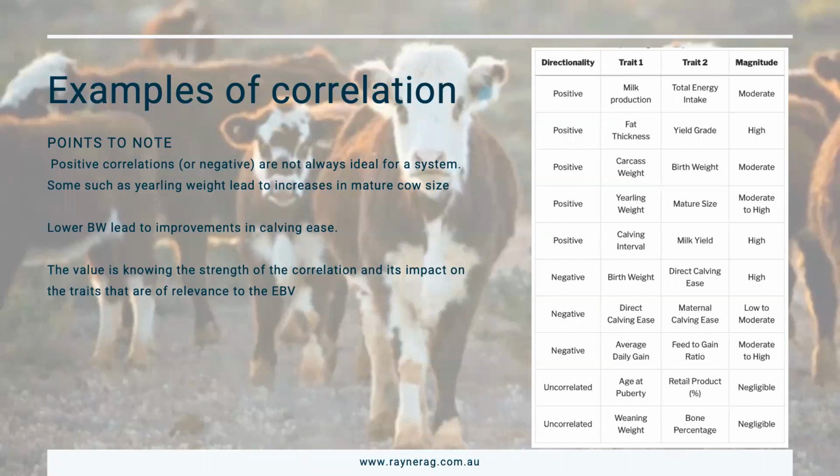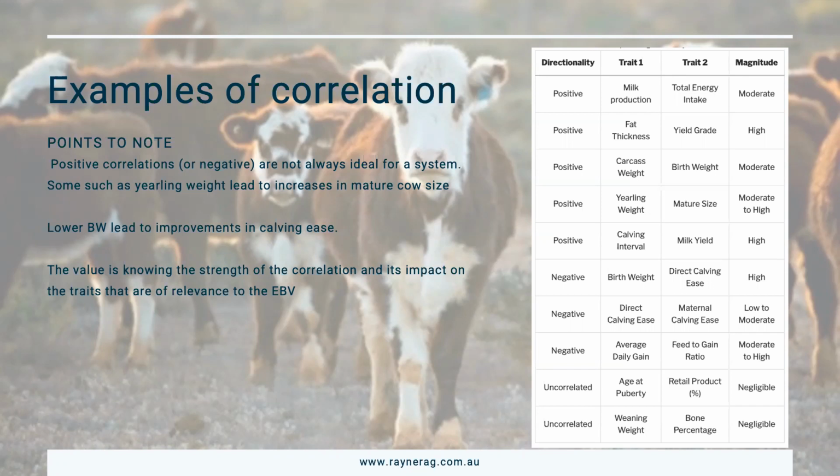One of the things that we would find if we selected more for milk production is that we'd also start to increase the amount of energy that our animals require on a daily basis. And the impact or the magnitude of that on a production system would be what we consider to be a fairly moderate impact. Carcass weight, as another example, would also have a positive increase in birth weights.